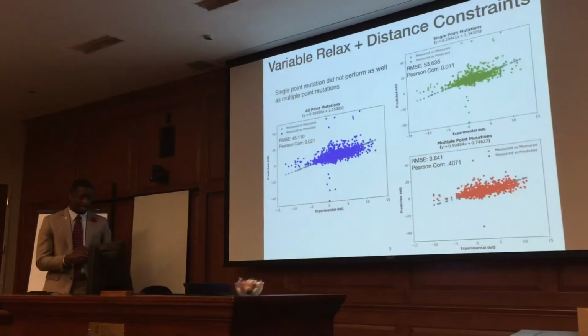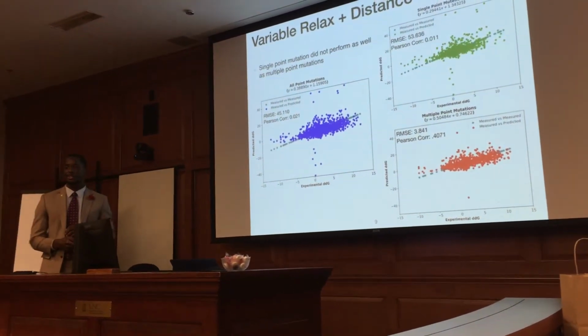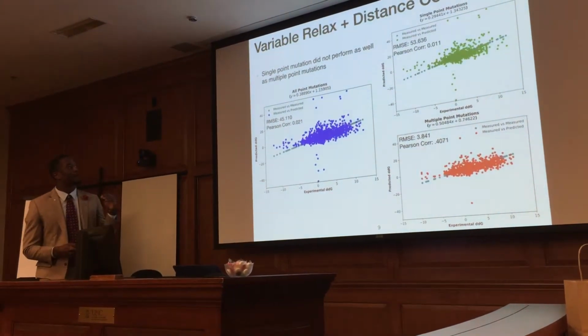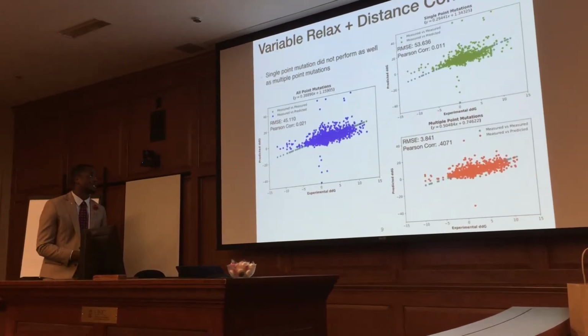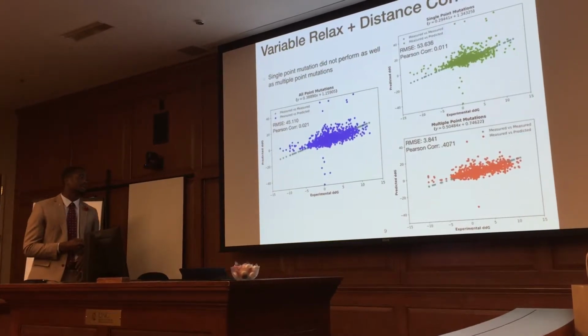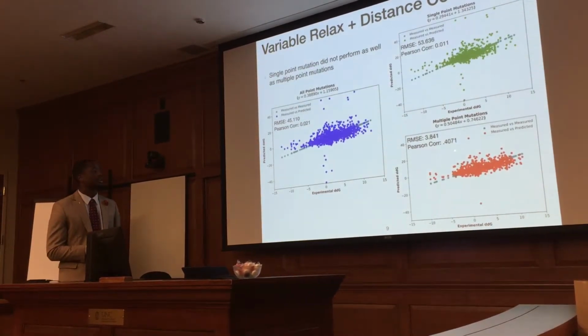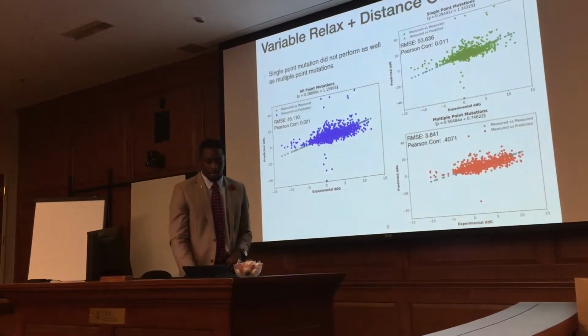We saw a Pearson correlation of about 0.02, which is a pretty bad Pearson correlation. When we looked at single point mutations compared to multiple point mutations, we saw that single point mutations did not score very well, and multiple point mutations scored pretty good compared to the overall structure.